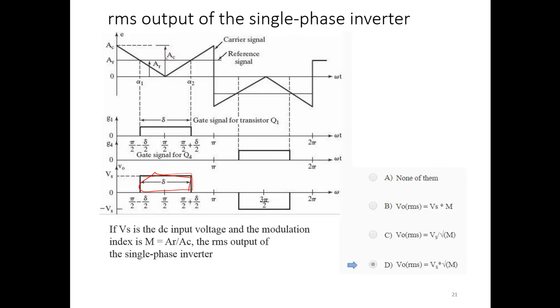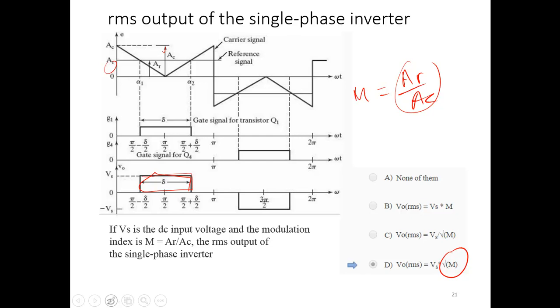It's the ratio of A reference to A carrier. The modulation index is basically A reference to A carrier. That's the ratio, and it varies the duty cycle, the pulse width. That means the RMS value will be the square root of M.